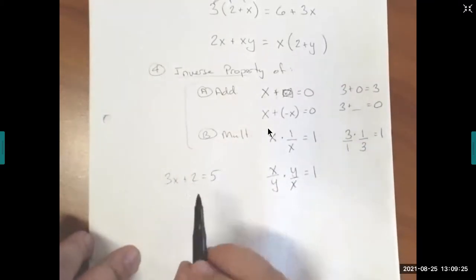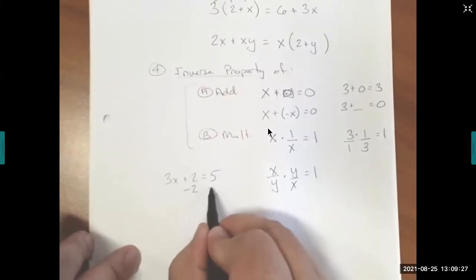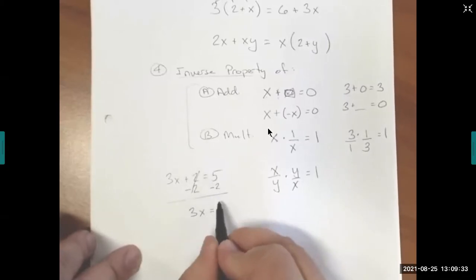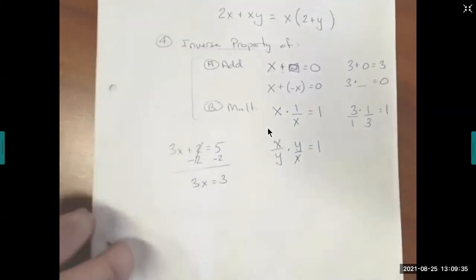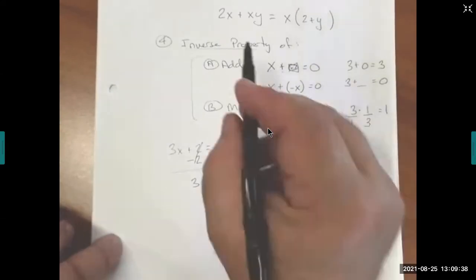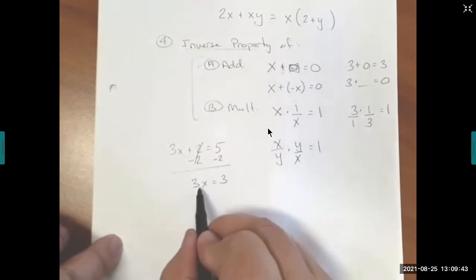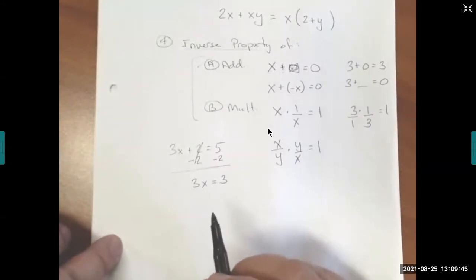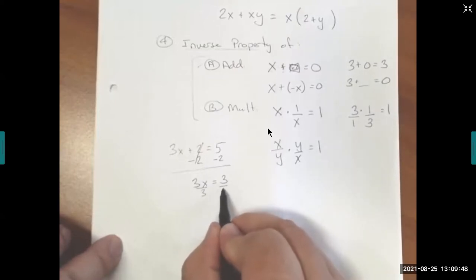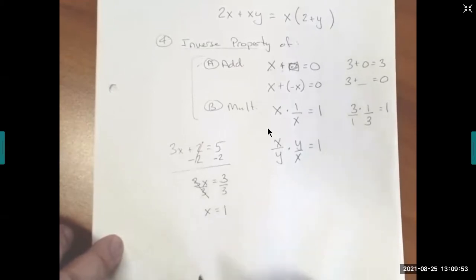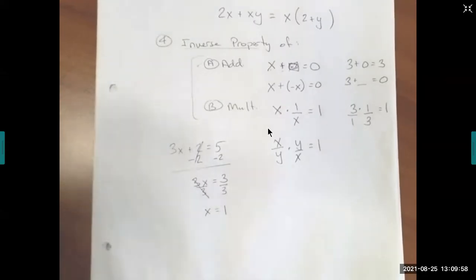What's the opposite of 2? -2. So we subtract 2 from both sides. 5 minus 2 is 3. Okay, that takes care of the addition. Now we have a 3 times x. We have a multiplication. How do we get rid of the 3 in front of the x? Divide by 3. We have to put it on the bottom now. So the 3's cancel. 3 divided by 3 is 1. So that's the rules of how we move things around to solve for x.